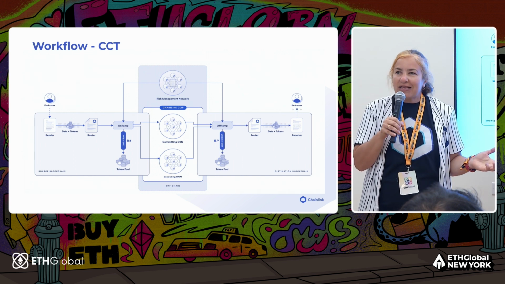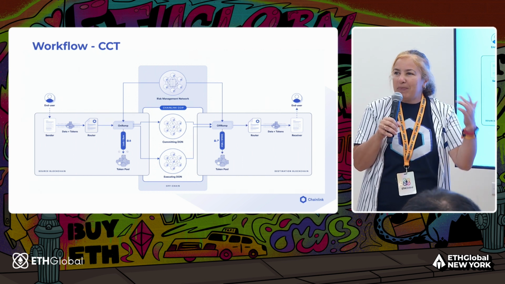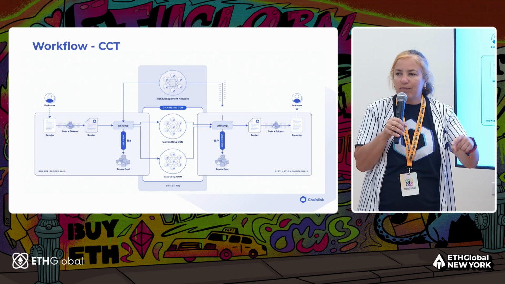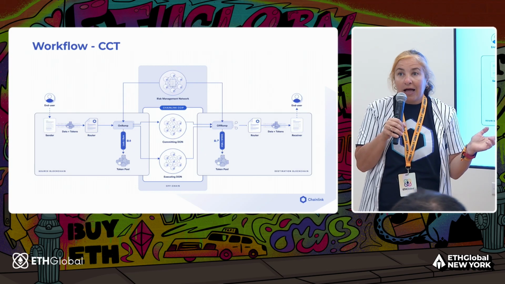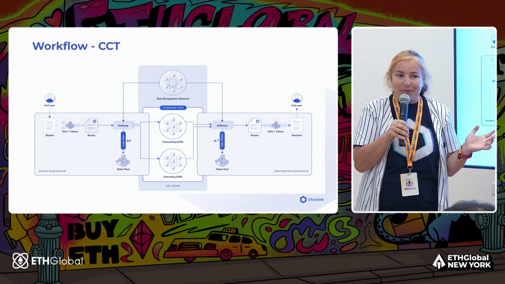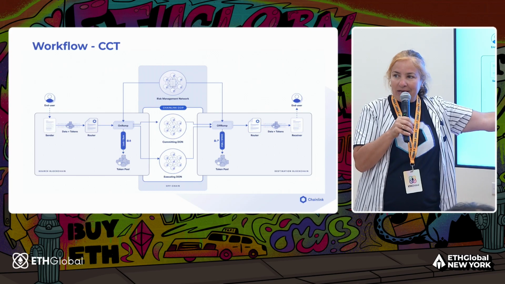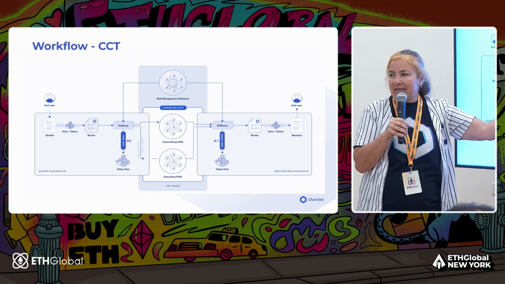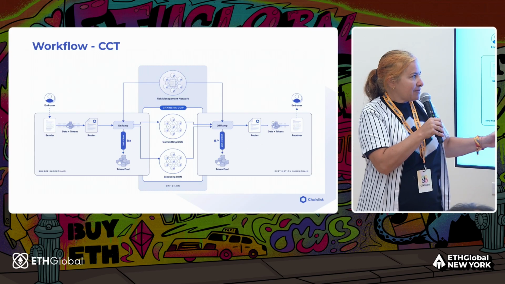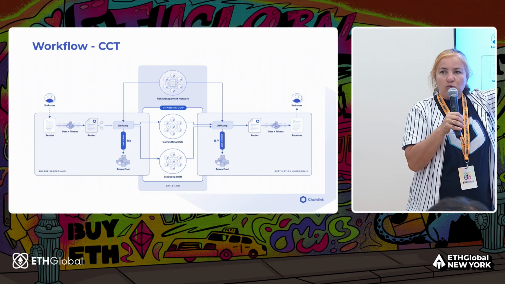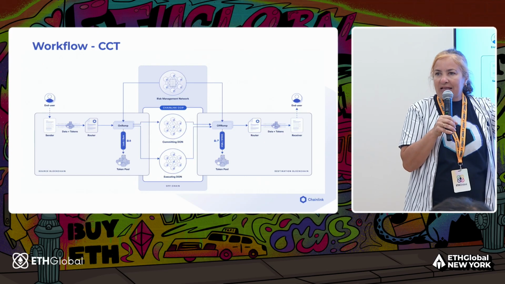But imagine that you would like to do something with Bitcoin and the representation of Bitcoin in another blockchain. I cannot burn Bitcoin. So I should lock the Bitcoin, and then over there I can mint the representation.